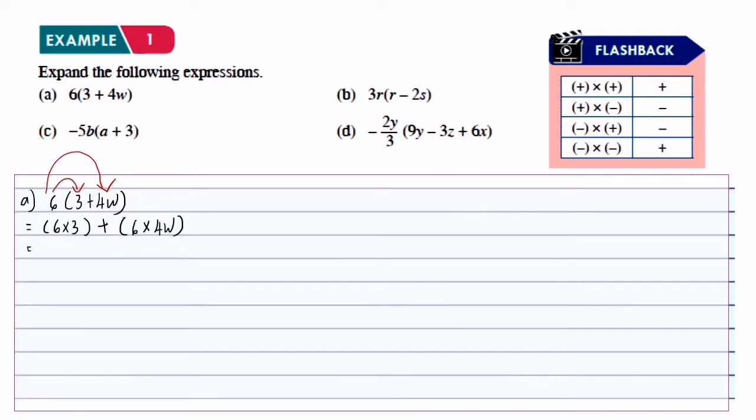Okay, so 6 times 3, 18, plus 6 times 4w is 24w.